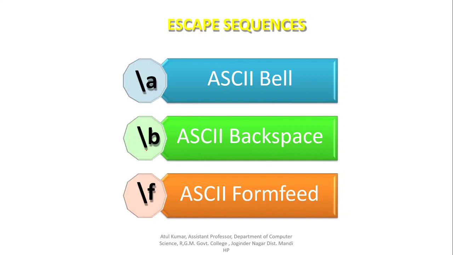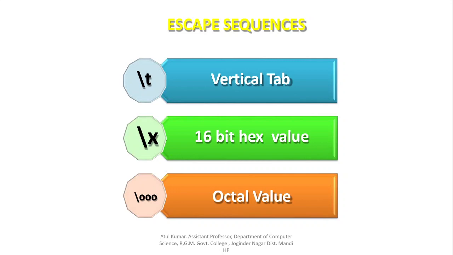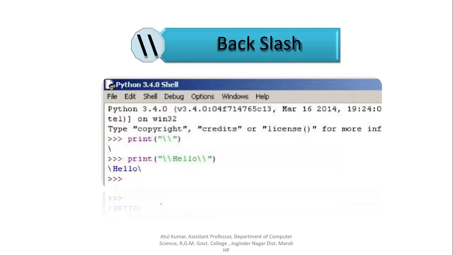Then ASCII backspace, the syntax for this is \b, then \f is the ASCII form feed, then the new line escape sequence, the syntax is \n, then carriage return, \r, horizontal tab, \t, then vertical tab, \v, then the 16-bit hex value, \x, then the octal value, \ooo.